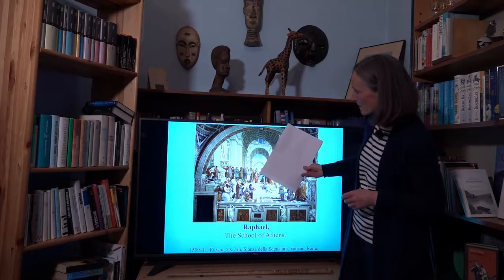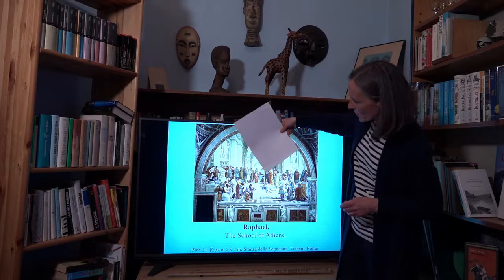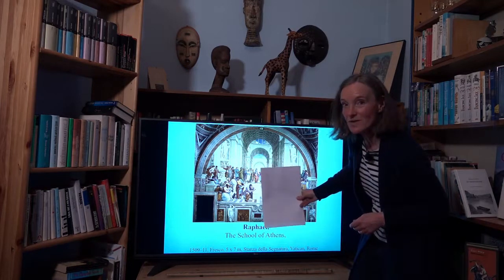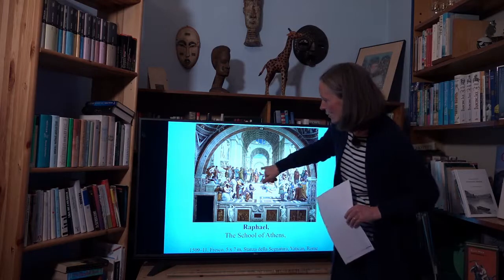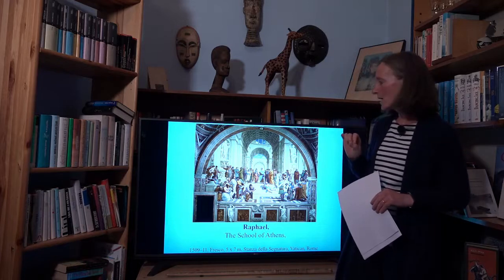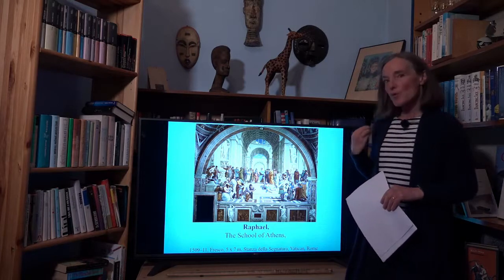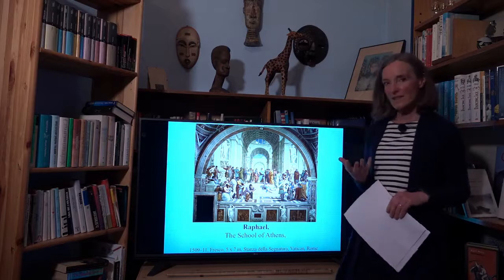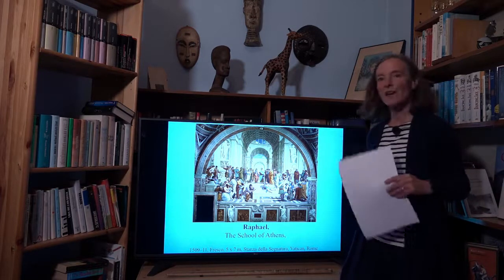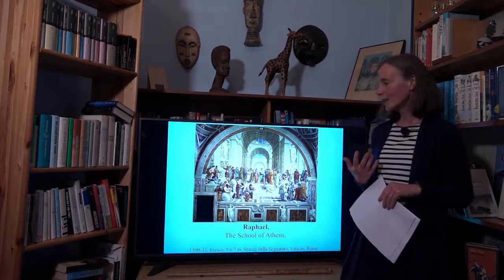It comes back to features like this, and when you go here on the floor, it all comes to the same element. So actually, what you call the vanishing point is where the center of the composition is. In comparison to the formality of the first 2 examples, here we have so much more movement.